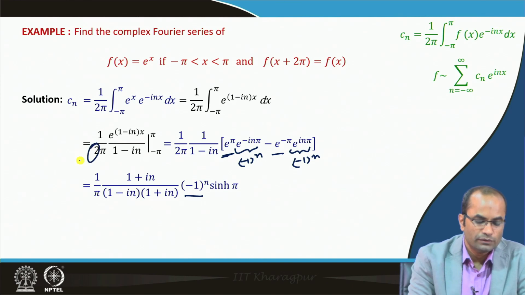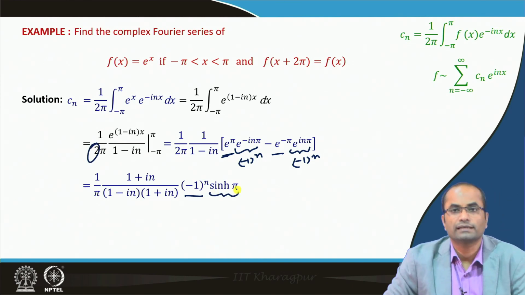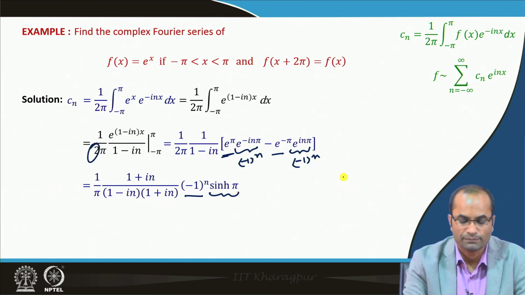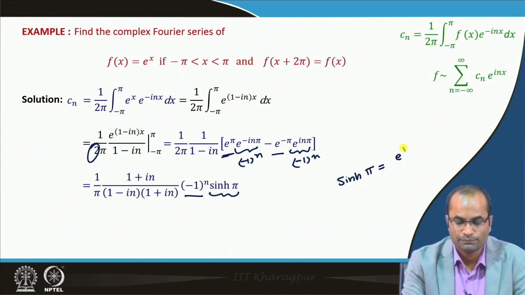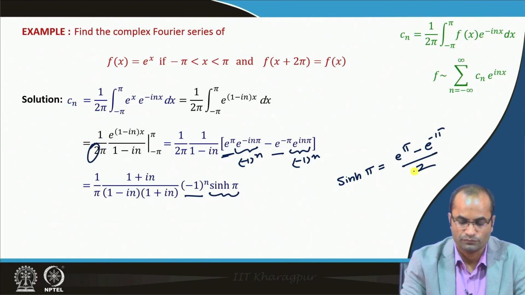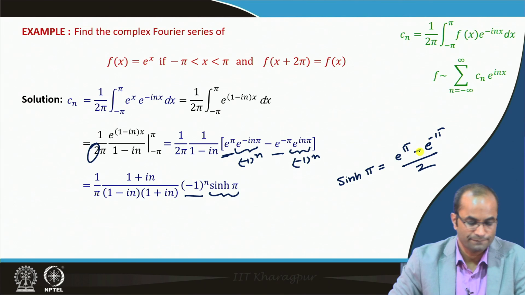With this 2, this is written as sinh pi. So, sinh pi as per the definition is (e^pi minus e^(-pi)) divided by 2. For the cosh we have the plus sign there.